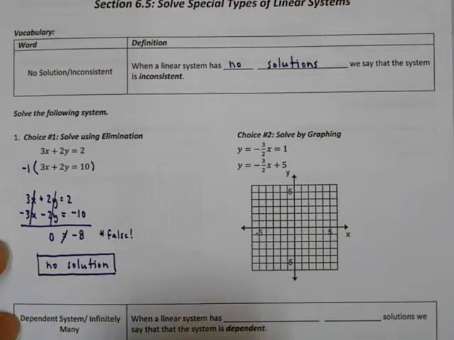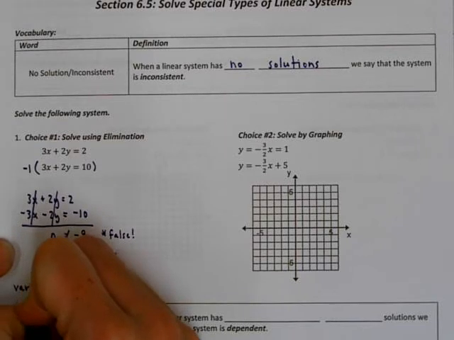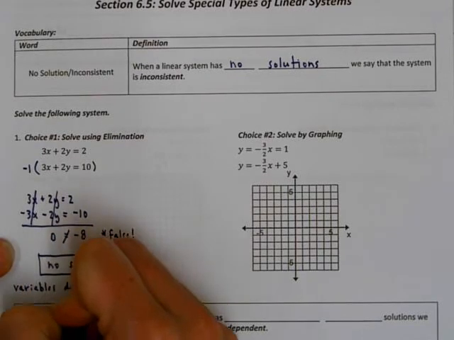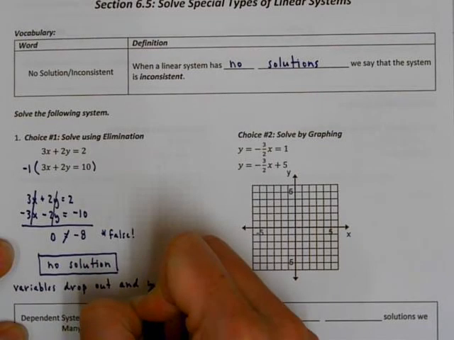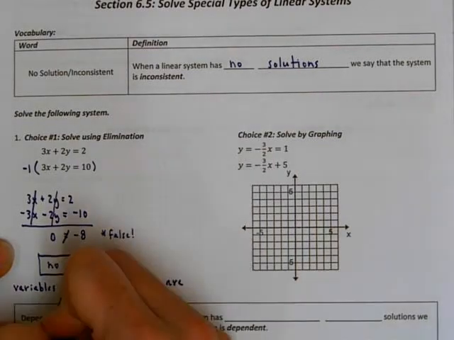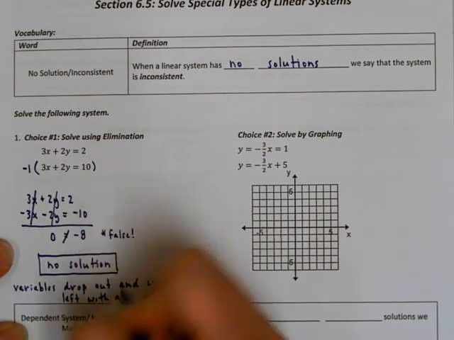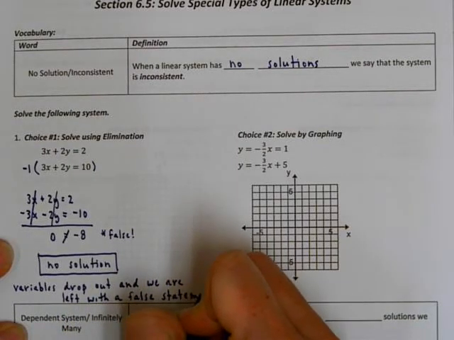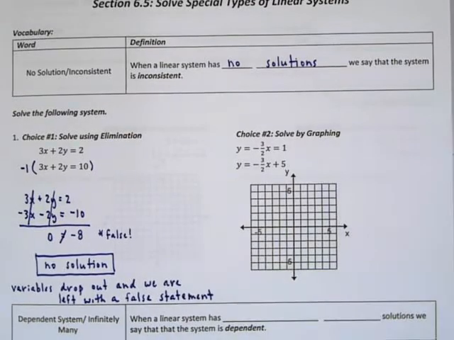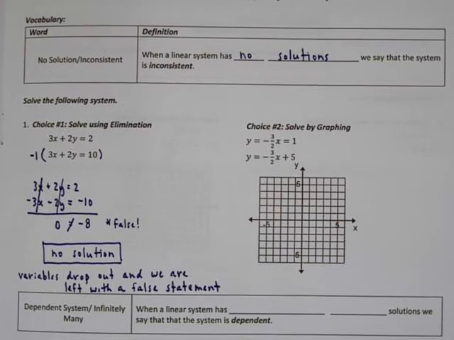We can recognize it's no solution when the variables drop out and we are left with a false statement. Okay, so that's one way where we're going to recognize that there's no solution.